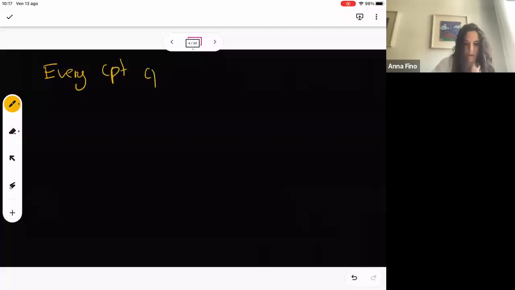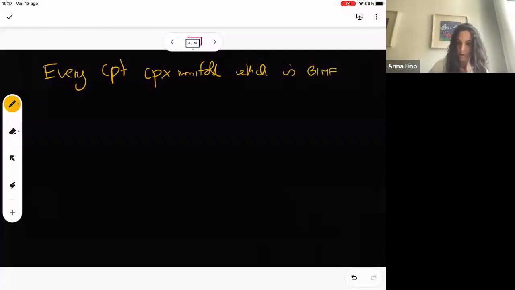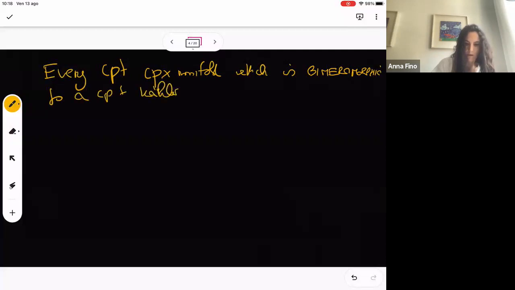compact complex manifold which is bimeromorphic to a compact Kähler manifold is balanced.